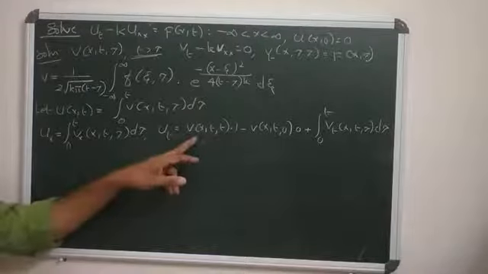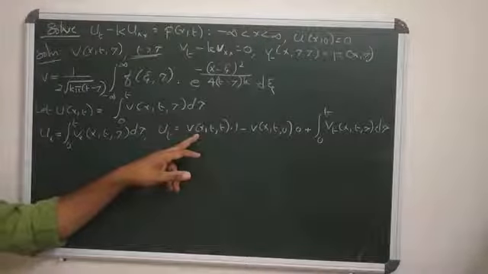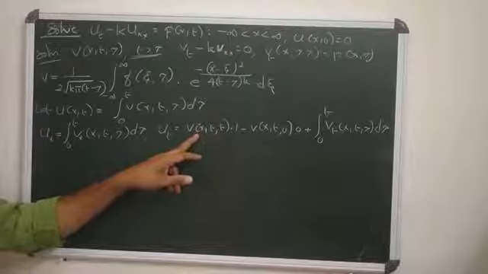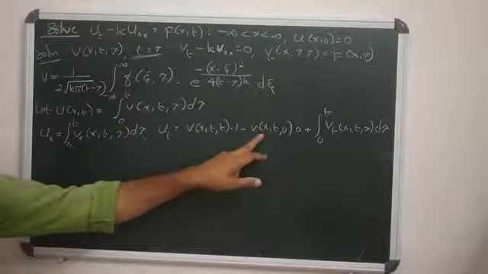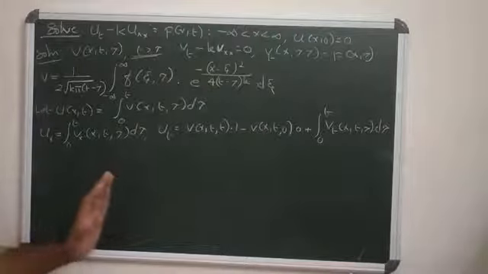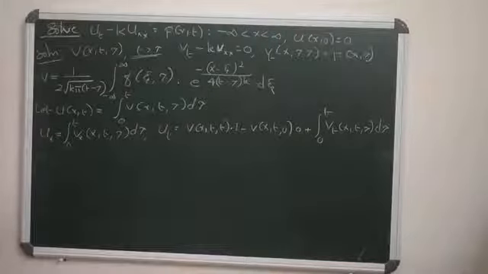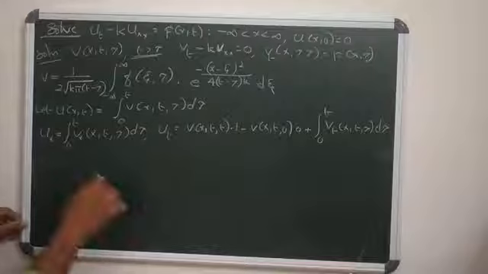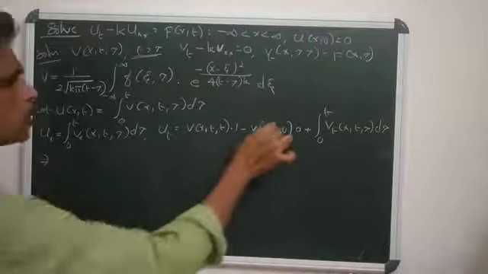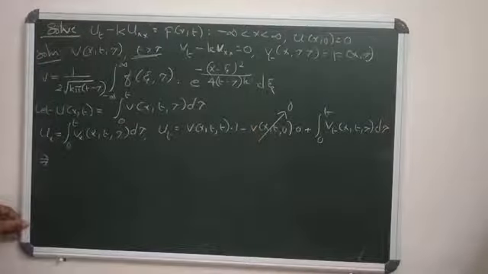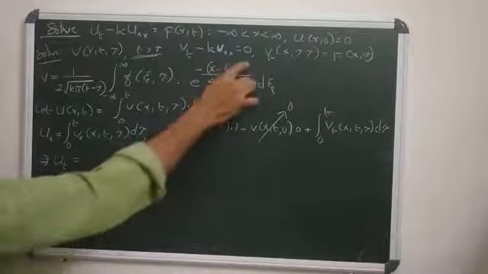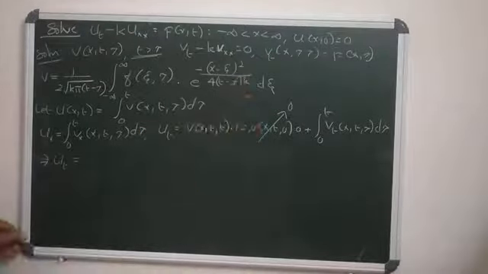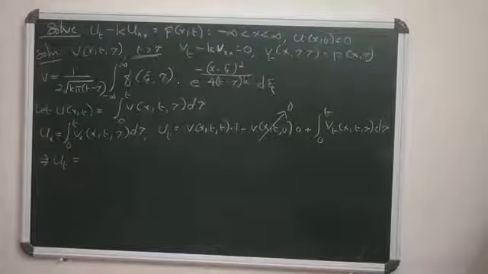So what is v(x,lambda,lambda)? Here v(x,t,t). So u_t equals v(x,t,t) into 1 minus v(x,t,0) plus the integral from 0 to t of v_t(x,t,lambda) d lambda. So that means the first term goes to 0, and u_t equals here v(x,t,t). This v(x,t,t) equals f of x,t.